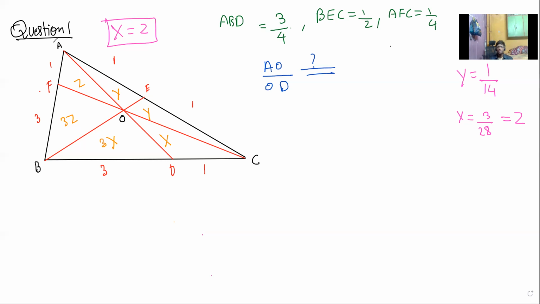Try to use the areas. We know all the areas, so it should be very easy to find AO by OD. I mean, we've actually already found it. It's already there in front of us.